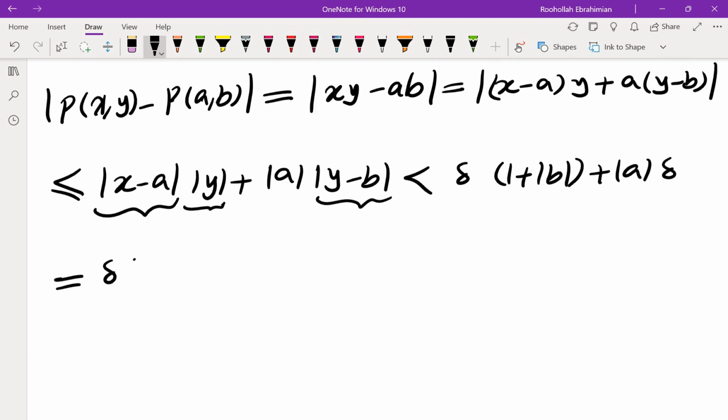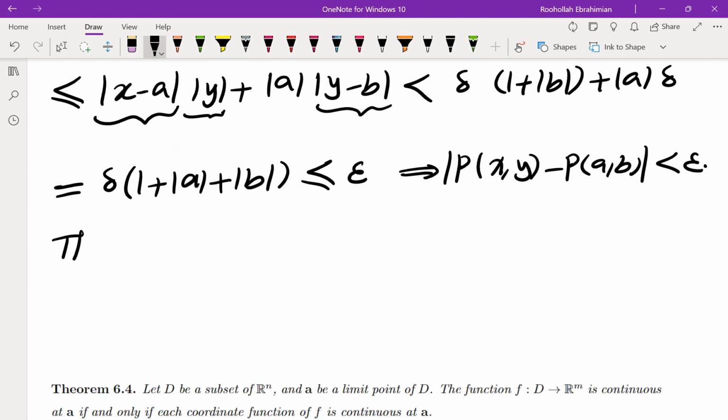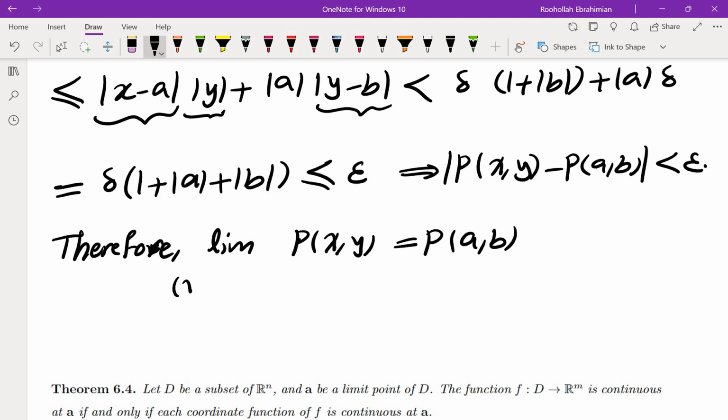And this ends up being delta times (1 plus the absolute value of a plus the absolute value of b), which is less than or equal to epsilon. So that tells us p of (x, y) minus p of (a, b) is going to be less than epsilon. And therefore, the limit of p of (x, y) is in fact p of (a, b) as (x, y) approaches (a, b).